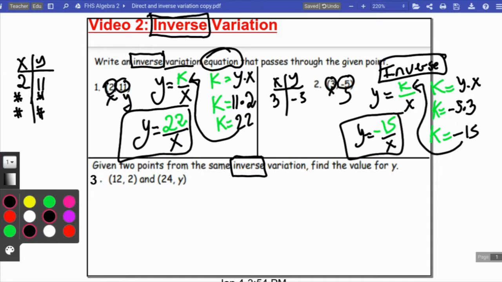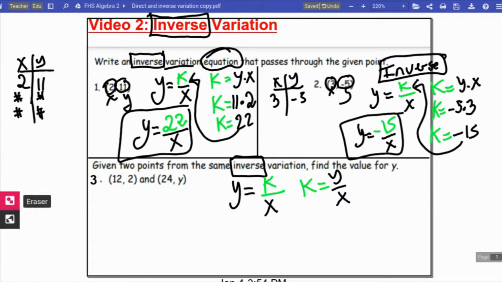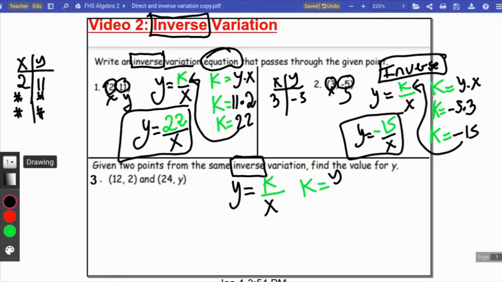We write the equation down. y equals, again, k over x, where the k equals y times x.